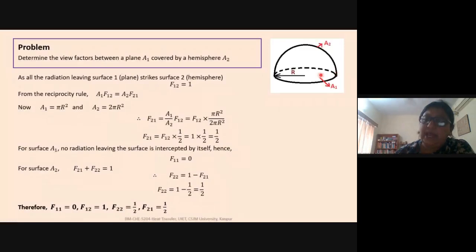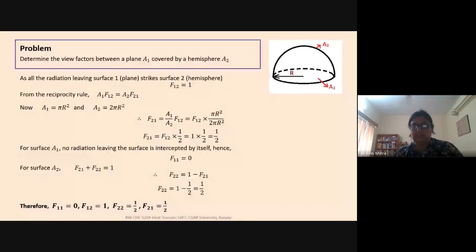The circular plate is body 1, which has got an area of A1, and the hemisphere has got an area of A2, which is the second body. As all the radiation leaving surface 1 strikes surface 2, which is the hemisphere, F12 is equal to 1. So what are we saying?